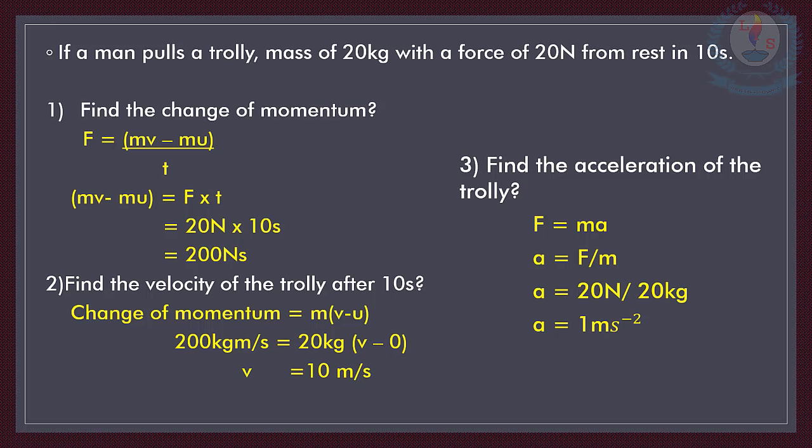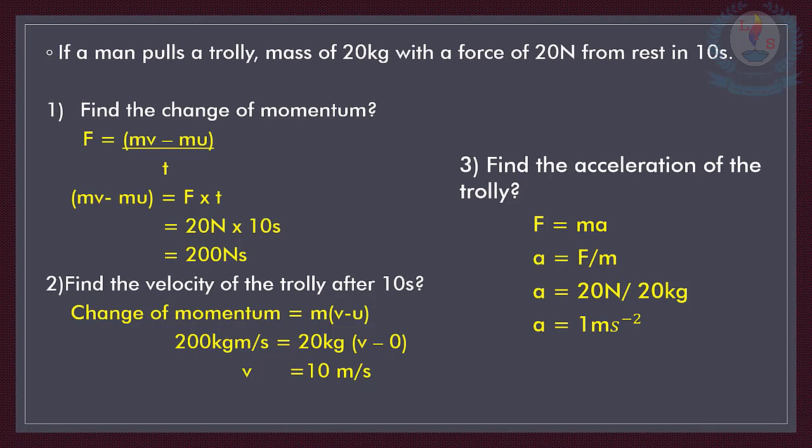Now let's see how the relationship between momentum, acceleration and force is applied in problems. If a man pulls a trolley of mass 20 kilograms with a force of 20 newtons from rest in 10 seconds, find the change in momentum. In order to solve this problem, we can apply the equation: force equals the change in momentum over t, which is the time taken.